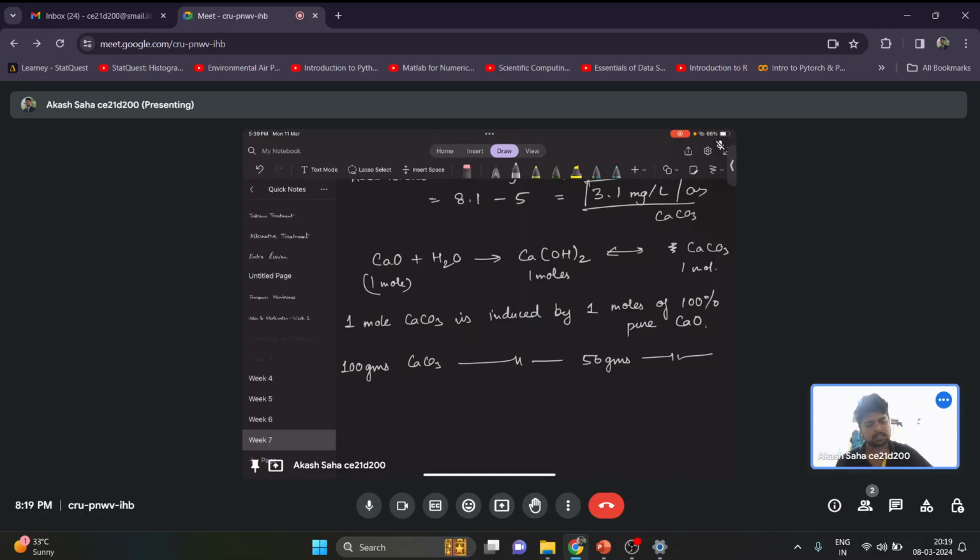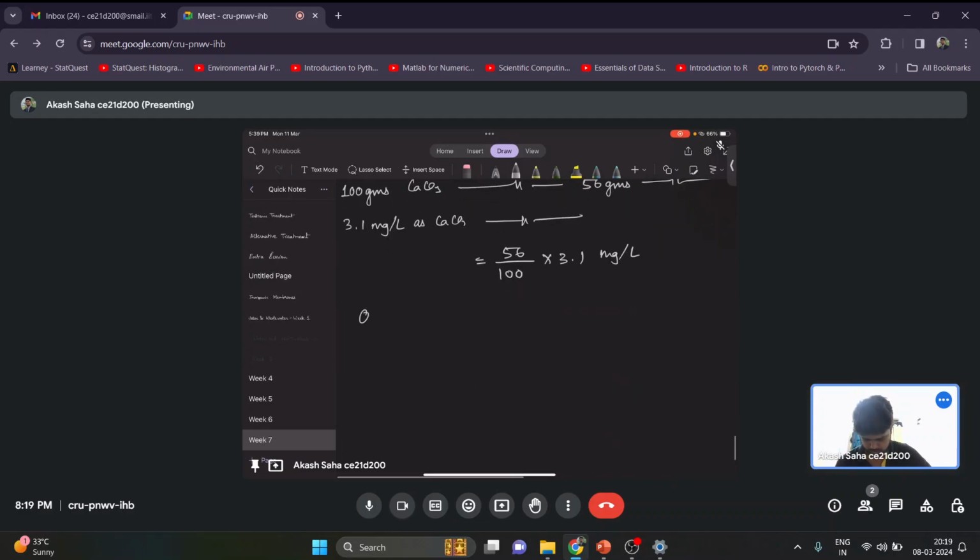So we need 3.1 milligram per liter as CaCO3. It is induced by how much CaO? It will be equal to 56 by 100 into 3.1 milligram per liter. So the quantity of 85% pure CaO will be 56 by 100 into 3.1 milligram per liter.